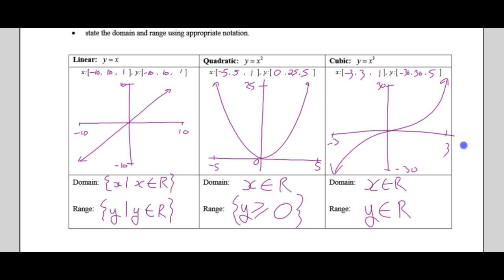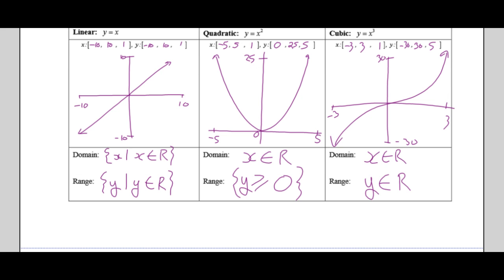Degree 2, on the other hand, has a different range because you're squaring things. So if you're giving it negative, it's giving you back positive. You cube something, if it's negative, put a negative in for x, you get a negative out for y. You cube a negative number, what do you get? A negative number, right? That's why you've got this going on. Okay, it's important.